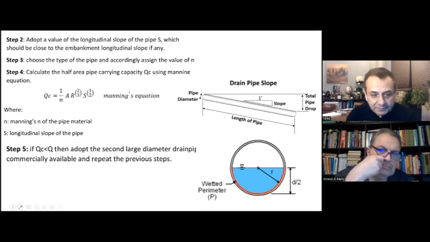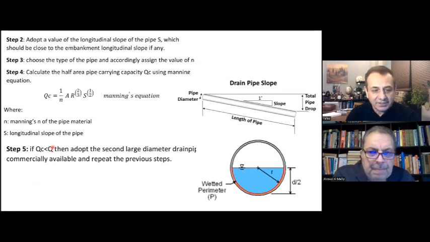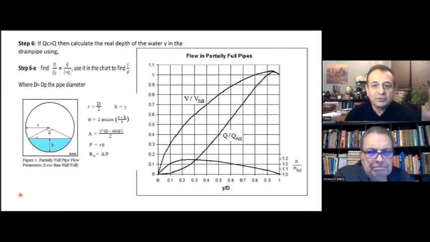If, on the other hand, Q, the seepage flow, that means the flow that this pipe is going to receive, is less than the half capacity, then the pipe will run not at the half, but lower. The water level will be lower. Is that clear, doctor? Yeah. In this case, we should go to those calculations.